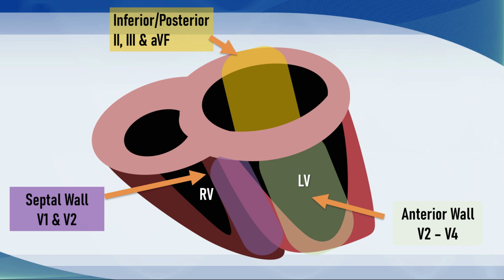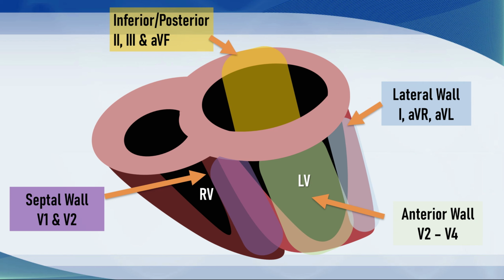The major muscle mass of the left ventricle is the anterior wall, and the mid-chest leads V2 to V4 reflect electrical activity on this wall. The lateral wall is seen in leads 1, AVR and AVL, but lateral wall ischemia may extend around to the anterior wall, and that manifests in leads V3 to V6.